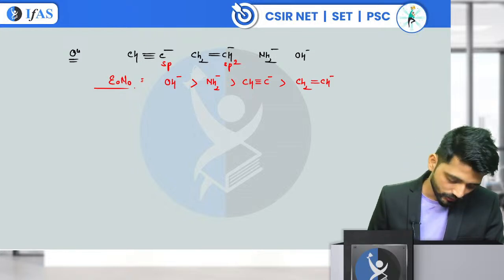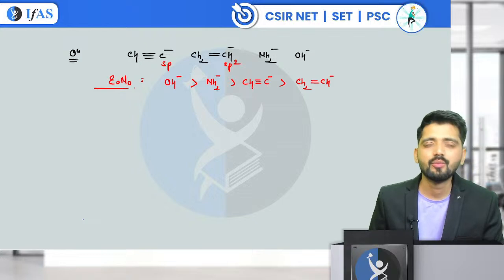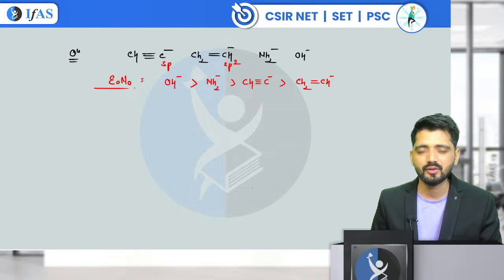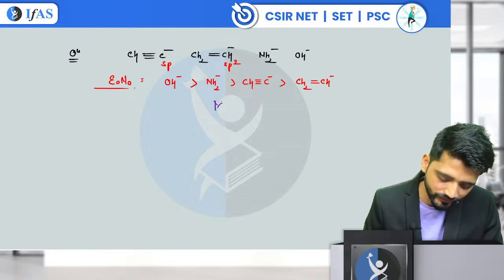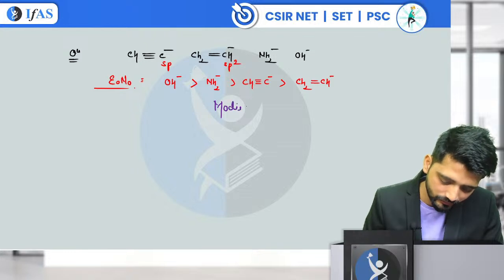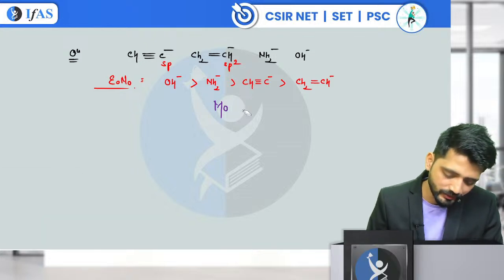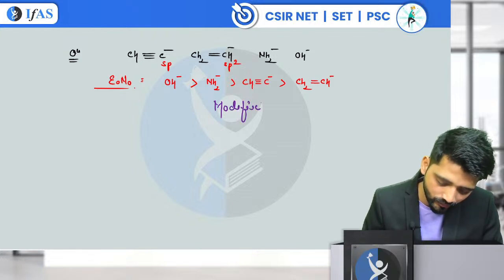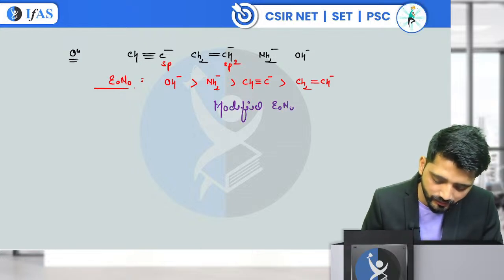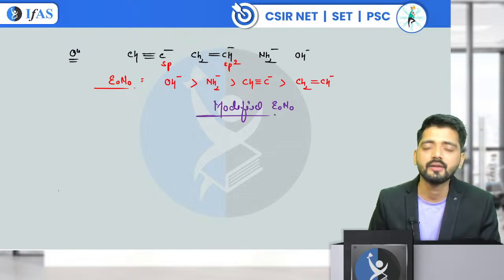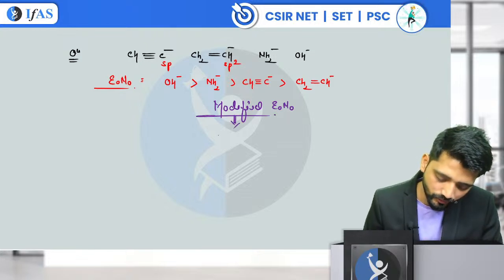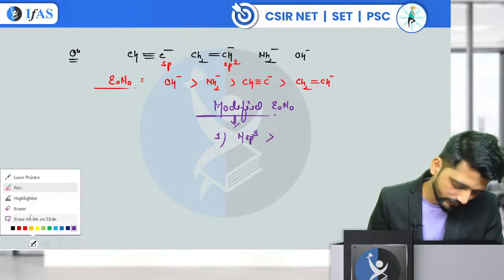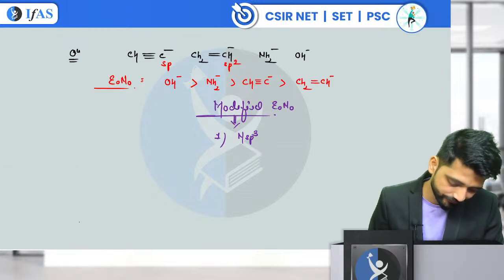See, there is a small concept of modified electronegativity. What is this modified electronegativity, sir? We have not heard it. We generally cover this topic in general organic chemistry only. Modified EN, electronegativity, talks about two points. Point number one, a nitrogen which is sp3 hybridized is less electronegative.